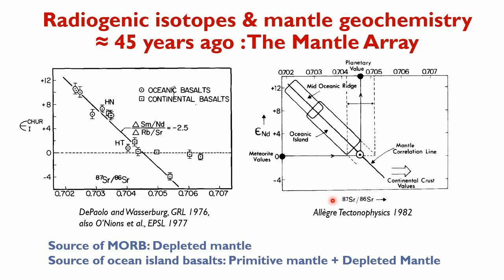And so in those days, so I'm talking here about the late 70s, beginning of the 80s, mantle geochemistry life was very simple. As you can see on the left figure, there was a maximum of about 10 samples that were analyzed, very easy to plot by hand.